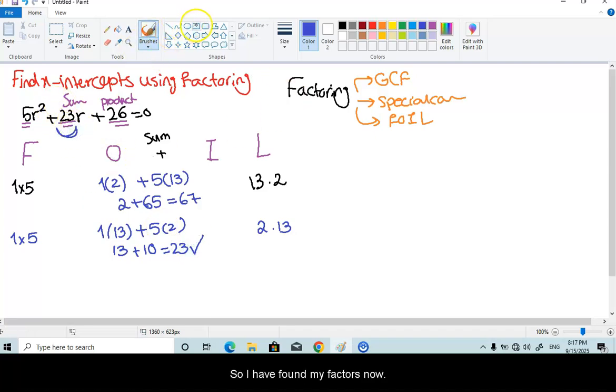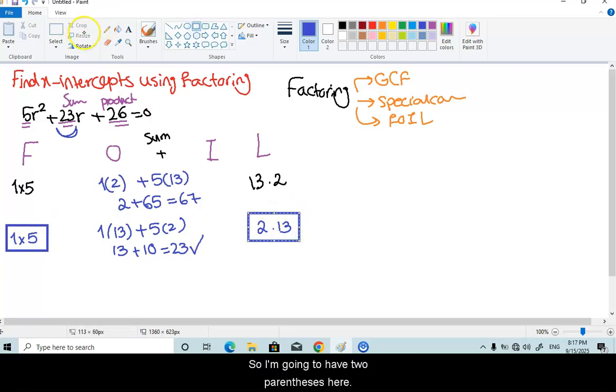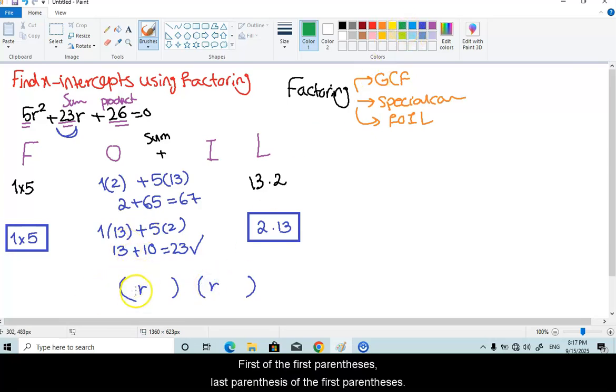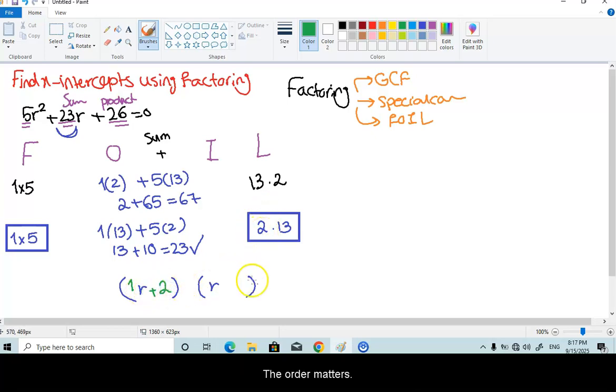So I have found my factors now. I'm going to have 2 parentheses here. I'm going to put the variable here. First of the first parentheses, last of the first parentheses, the order matters.